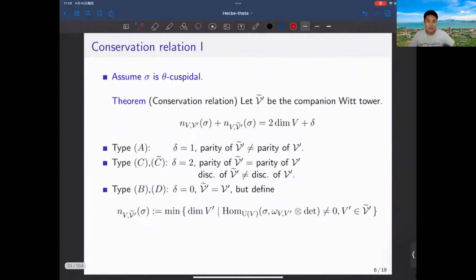And for the type BD case, the discrepancy is 0, and for the symplectic group we know there's only one Witt tower, so we just use the same Witt tower.